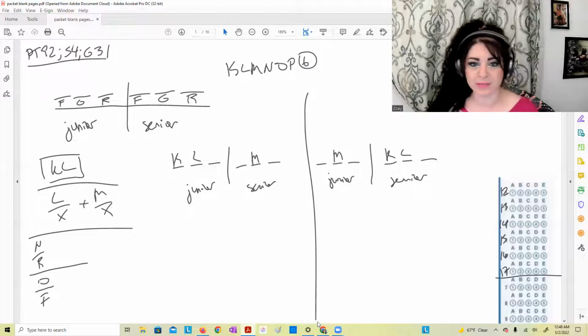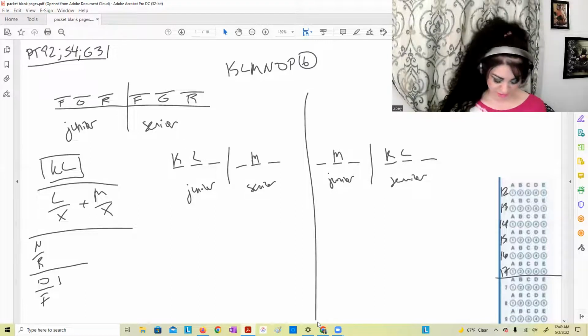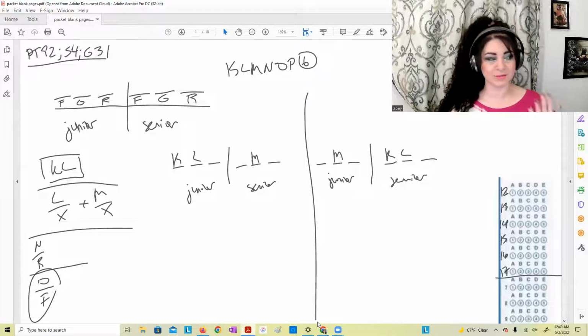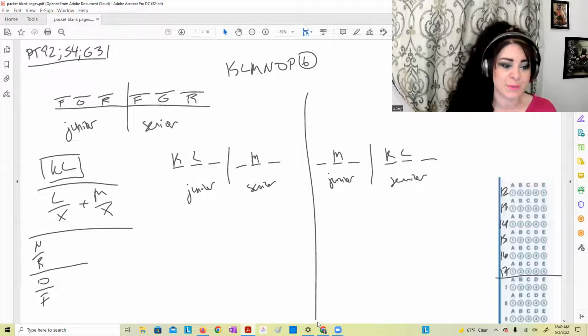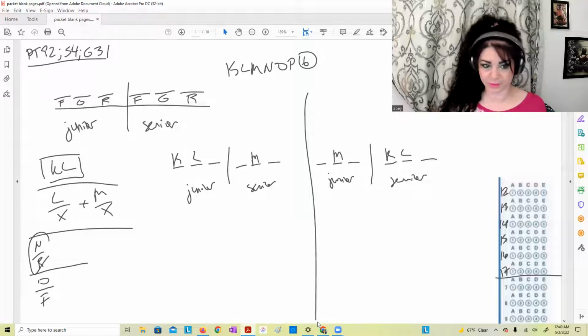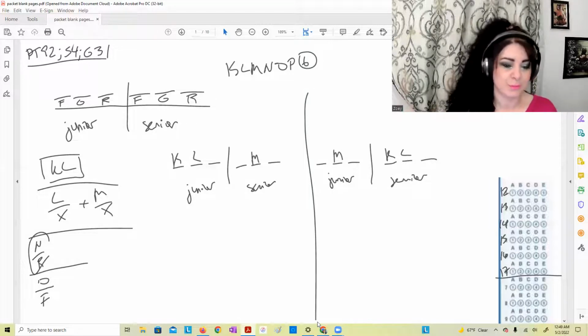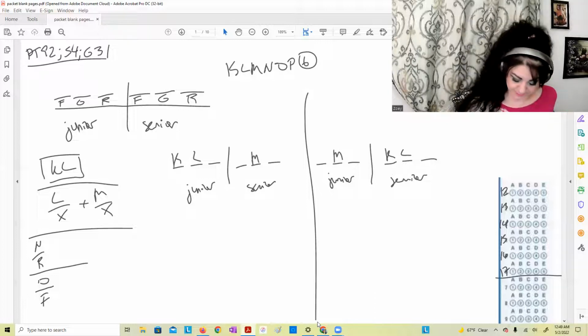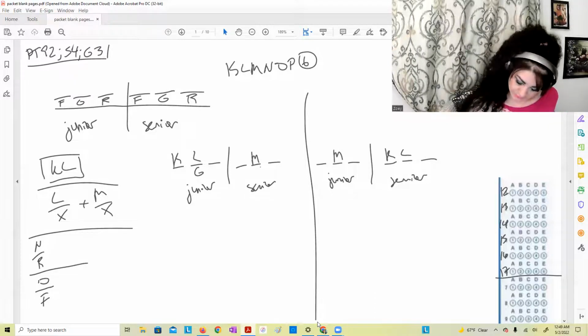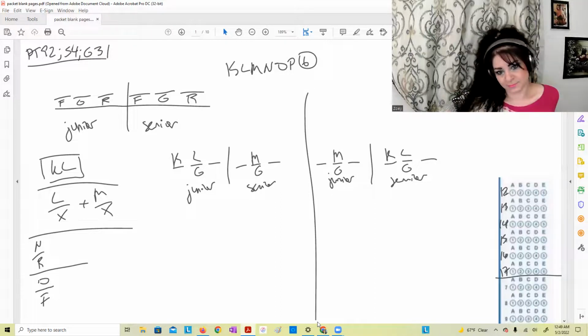There's no way L and M could both teach French, because O teaches French, and we only have 2 teachers that teach French. So O is one of them. It can't be L and M. And there's no way they could both teach Russian, because N teaches Russian, and only 2 teachers teach Russian. So now I also know that L and M are going to be teaching German. Period. No matter what.